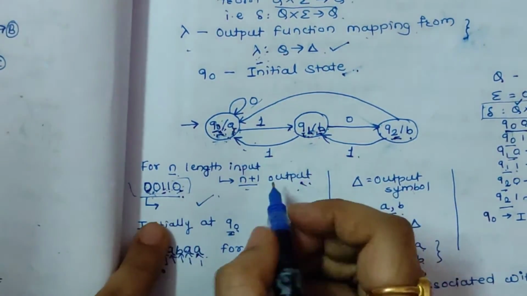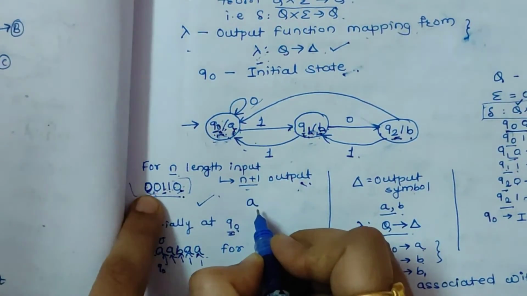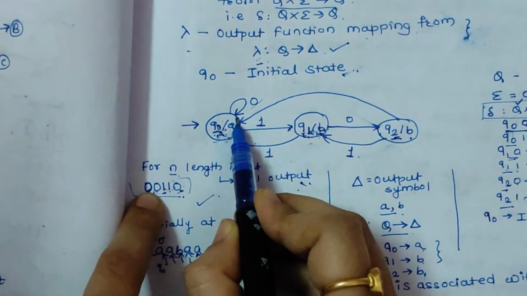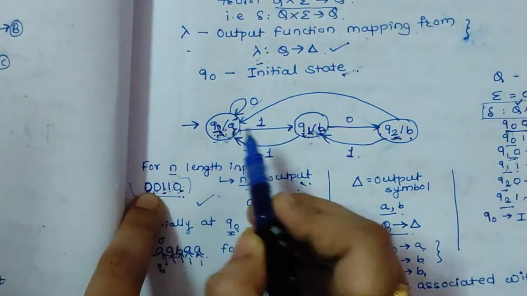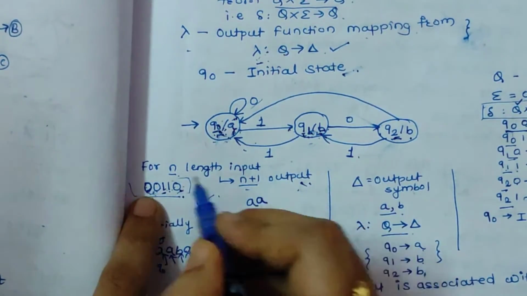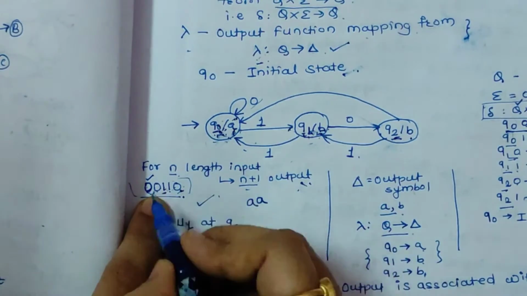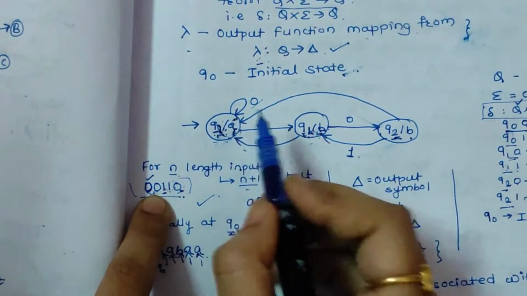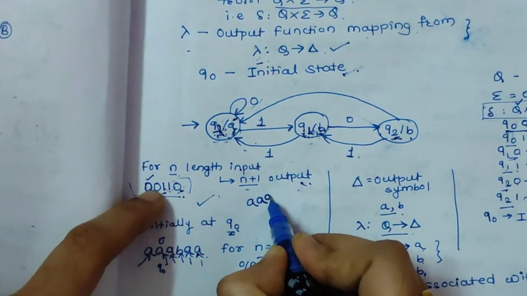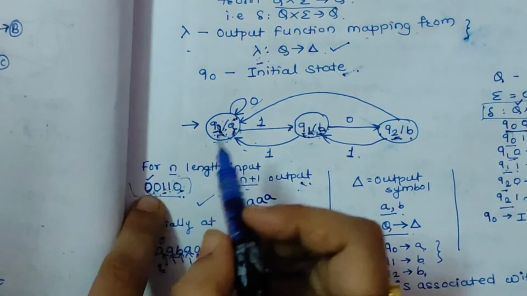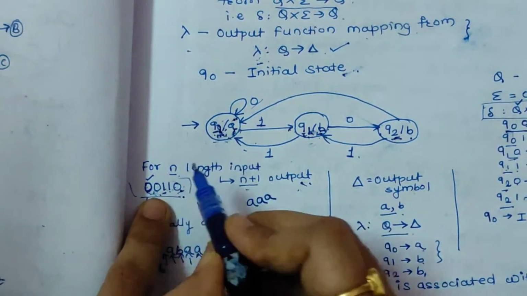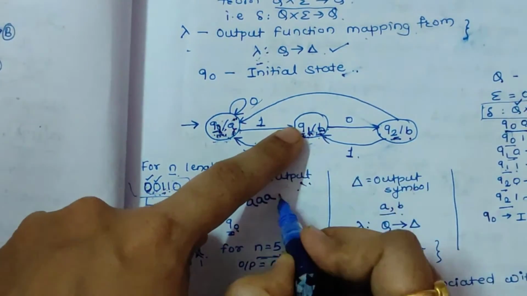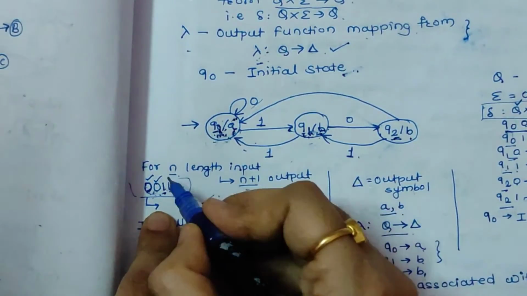So the output associated with state q0 will be A. Then if we give input 0 to state q0, we will transit to state q0 and the output associated with state q0 is A. So our first 0 is processed now. Then next, with state q0 and input 0, again we will remain in state q0 and our output will be A. Then next, in state q0, if we get input 1, we will move to state q1 and the output associated with q1 will be B. So 3 symbols are processed now.